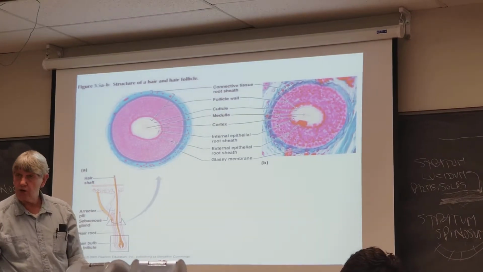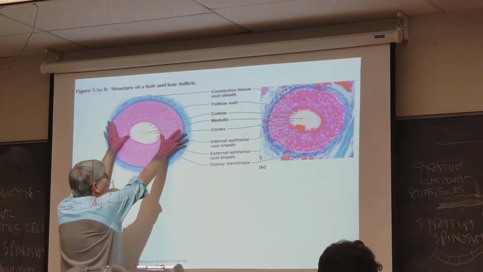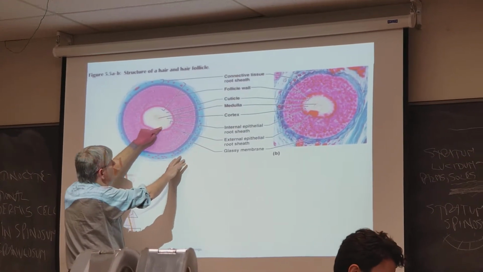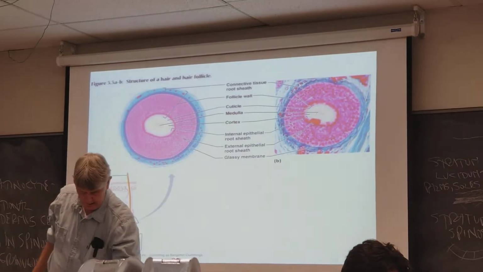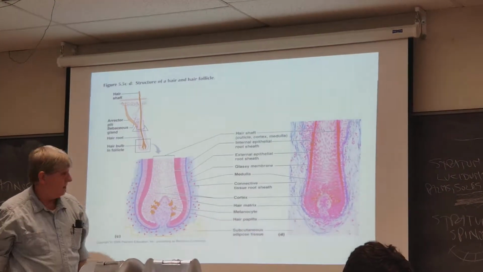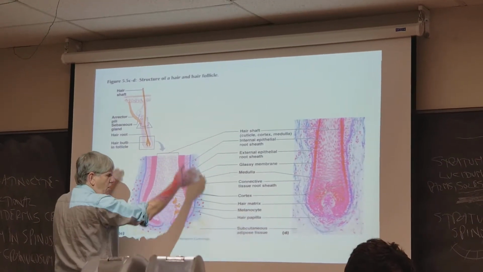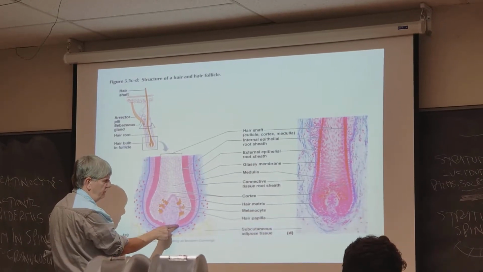All right, when you look at the cross-section of the follicle, all of this is the follicle wall right here, and just this little part here on the interior is the hair itself. Okay, and again, down at the bottom, this is the bulb, the whole enlarged, kind of rounded deal at the base, but again, we've got the little projection to the interior.